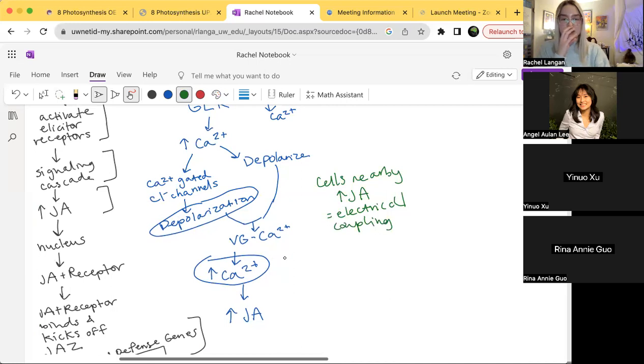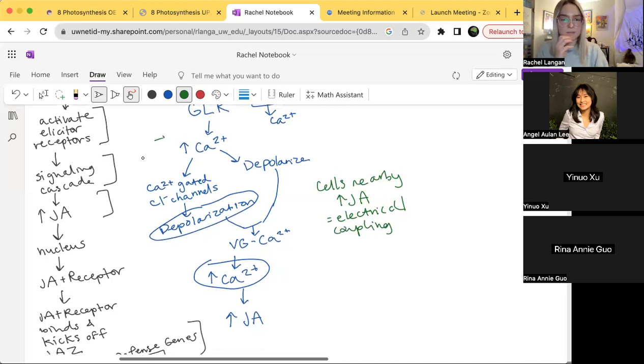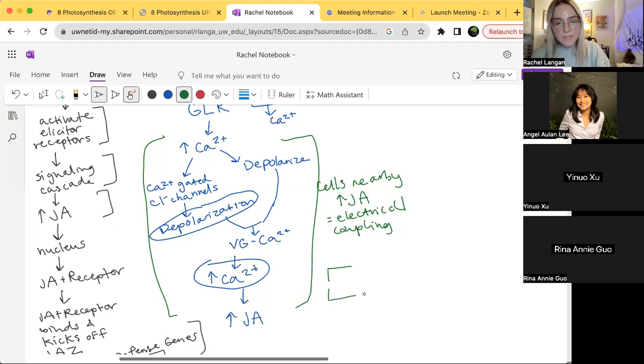So that all has to do with this mechanism we just saw here from the DAMPs. So we get this damage and our plant cells can actually electrically couple because they're connected by plasmodesmata.